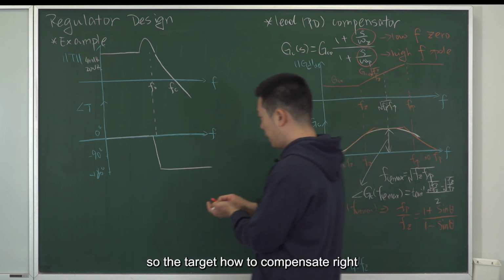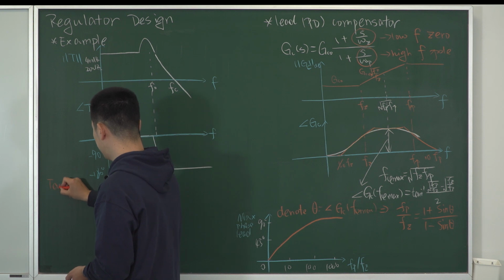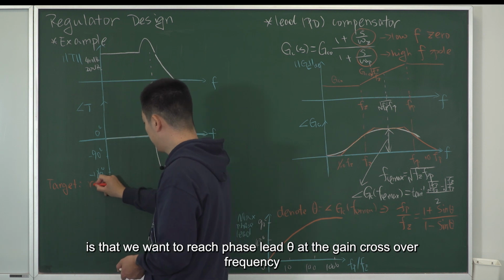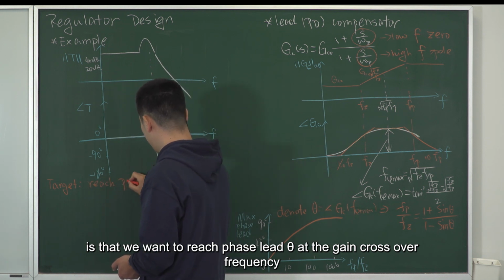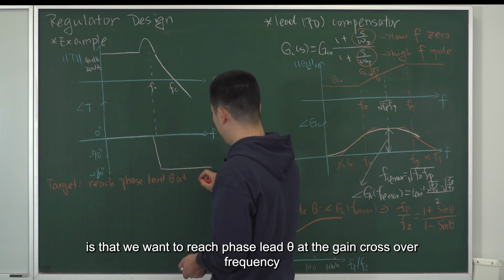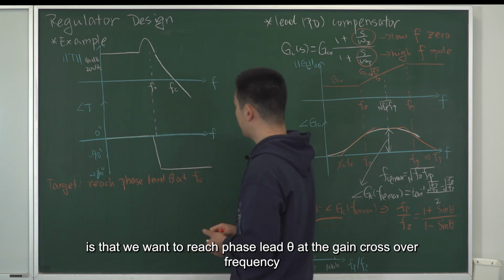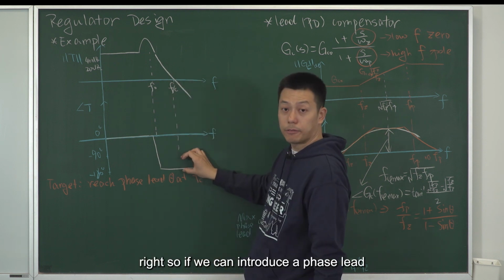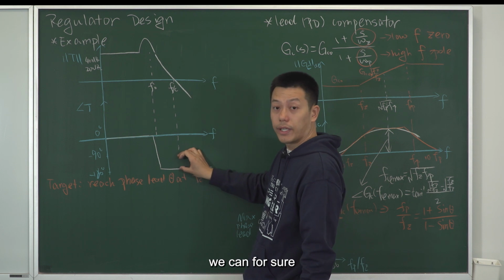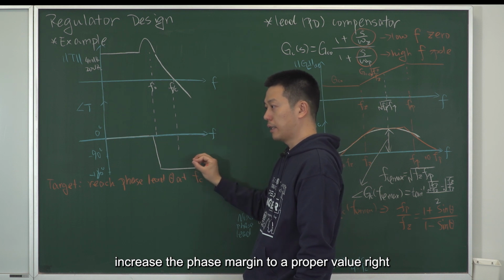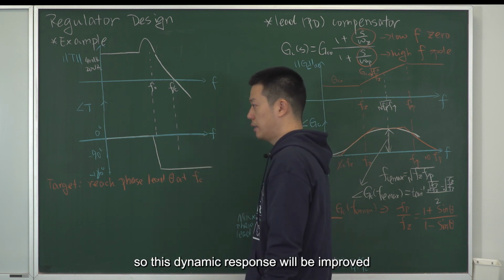So the target, how to compensate, right? Target is that we want to reach phase lead theta at the gain crossover frequency. If we can introduce a phase lead, we can for sure increase the phase margin to a proper value, so the dynamic response will be improved.